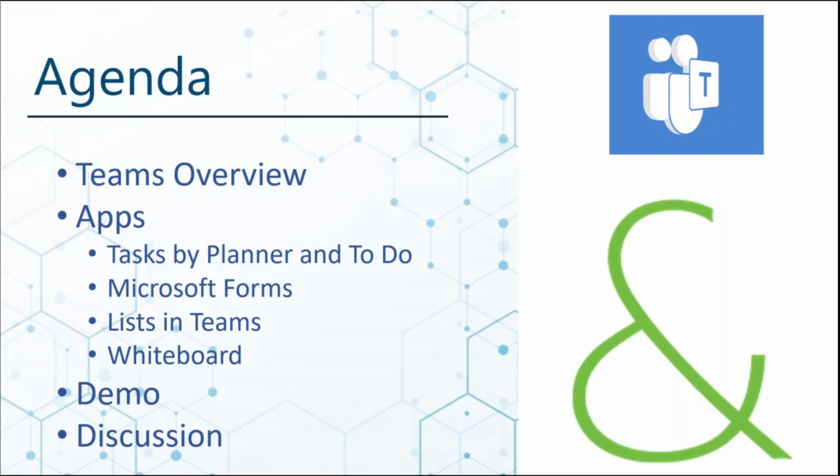And so what I'm going to do is focus on the ones that are published by Microsoft. So specifically, I've got them on the list here. It's Tasks, which kind of includes Planner and To Do, Microsoft Forms, Lists, and then Whiteboard. And so as with all of these, I start with an overview of the Teams app just so we get everybody on the same page, and then leave some time at the end for demo and questions.